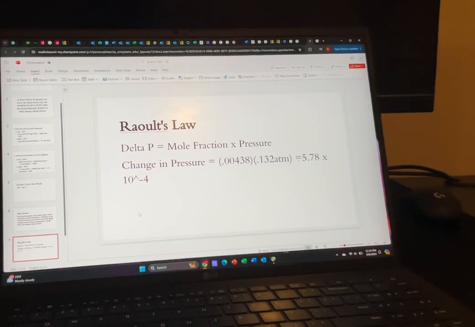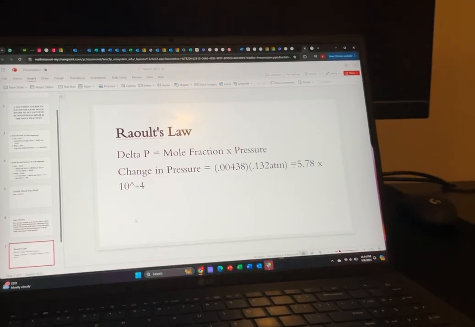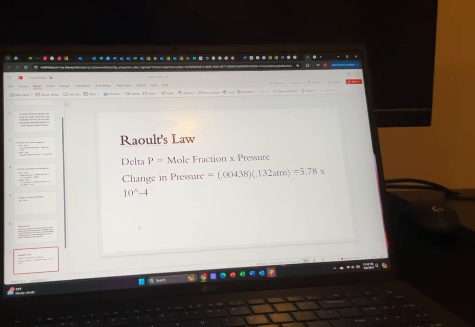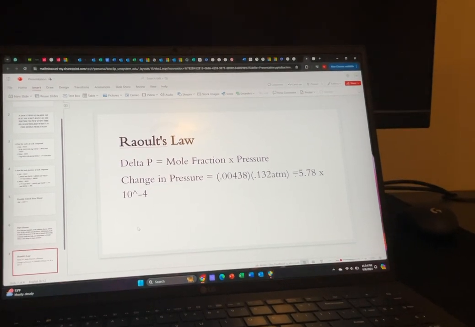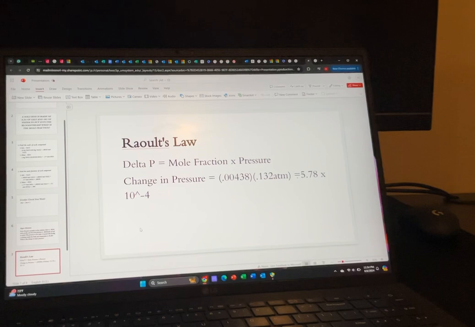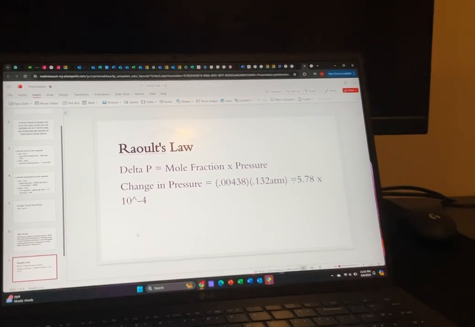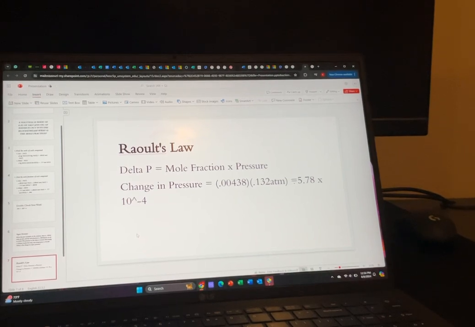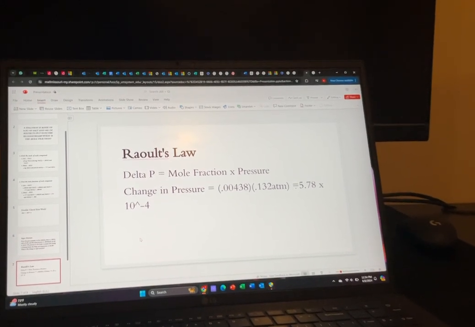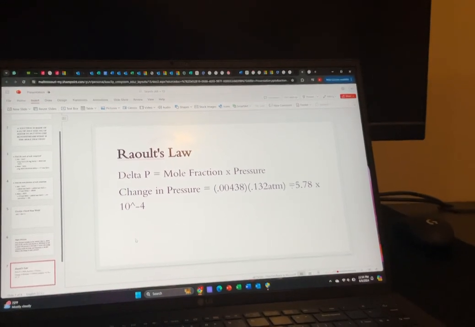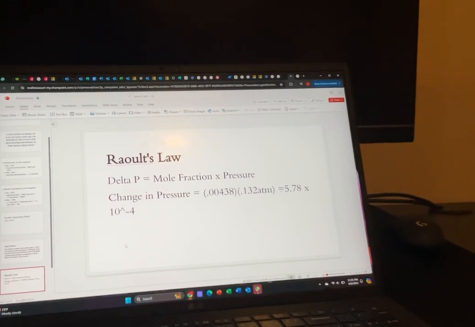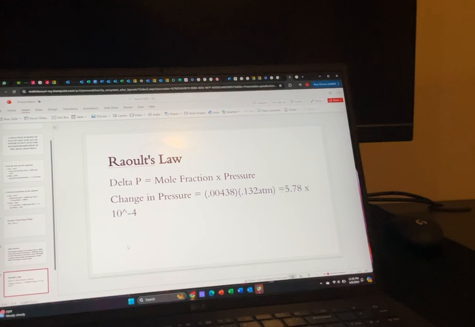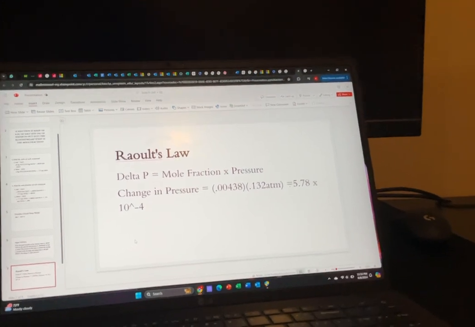Raoult's law states that change in pressure equals the mole fraction times the pressure. In the previous step, we found that the mole fraction of the salt was 0.00438. We times it by the pressure in the body, which is 0.132 ATM, giving us the change in the pressure, which equals 5.78 times 10 to the negative 4, for if we were to add a salt water combination to the body.